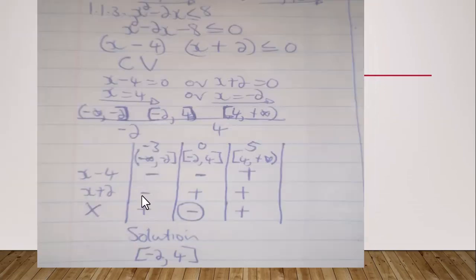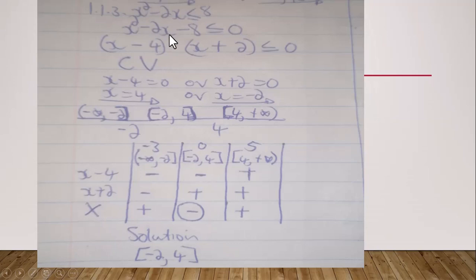And then in 1.1.3 we were given an inequality, and we had x squared minus 2x is less than or equal to 8. The first thing that we need to do is to take the constant to this side, so it becomes negative.